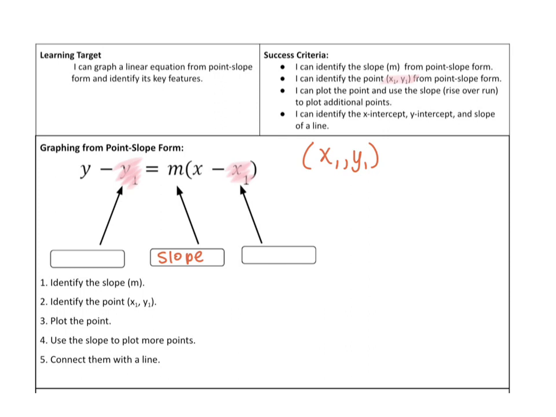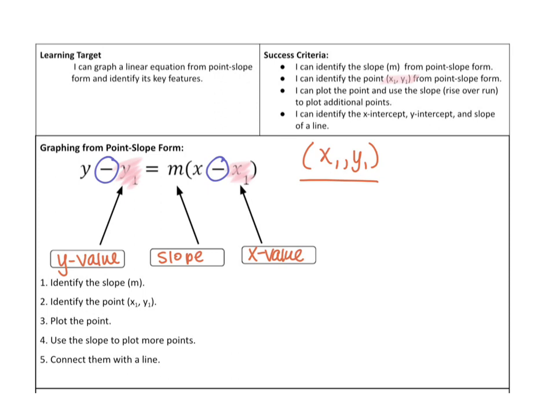Okay, so that x1, that's my x value in the point. And then my y1, that's my y value for the point. Right, they're going to come together to make that point x1, y1. Okay, something important to note about this is the minus signs right there. They are part of the formula.